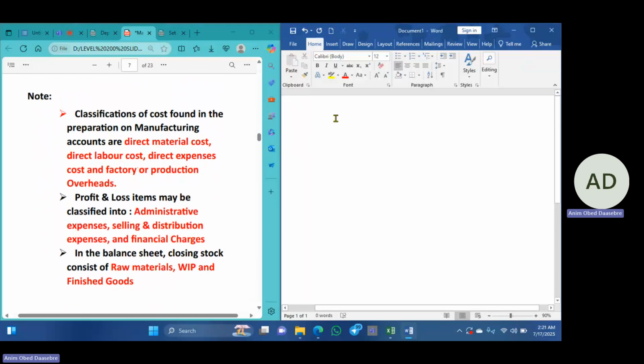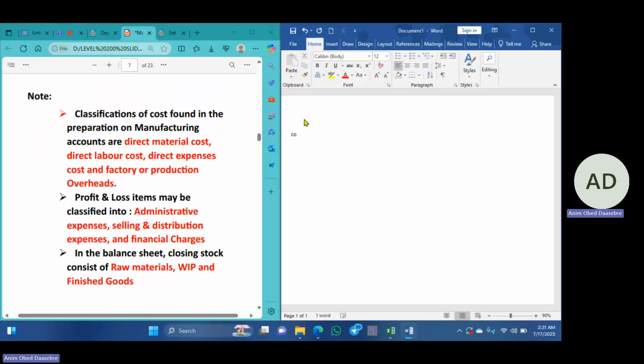Under the manufacturing account, I said that we should find the cost of production. How do we find cost of production or production cost? To find your cost of production on the products you have produced, we need two things. We need our prime cost.